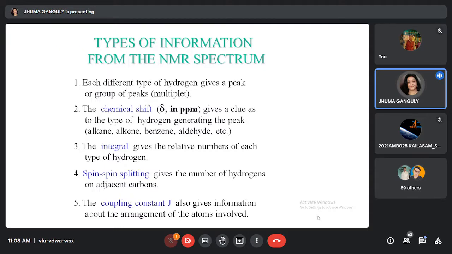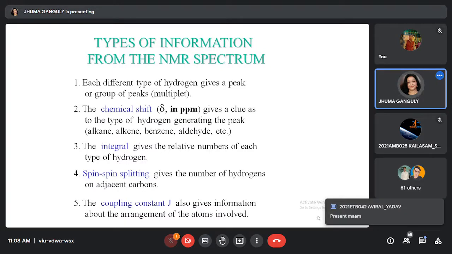Types of information from the NMR spectrum. Each different type of hydrogen gives a peak, or a group of peaks called a multiplet. The chemical shift gives a clue. This is a term we will learn slowly.